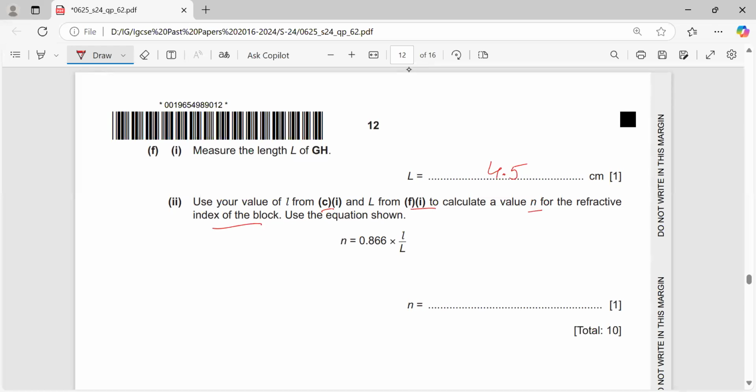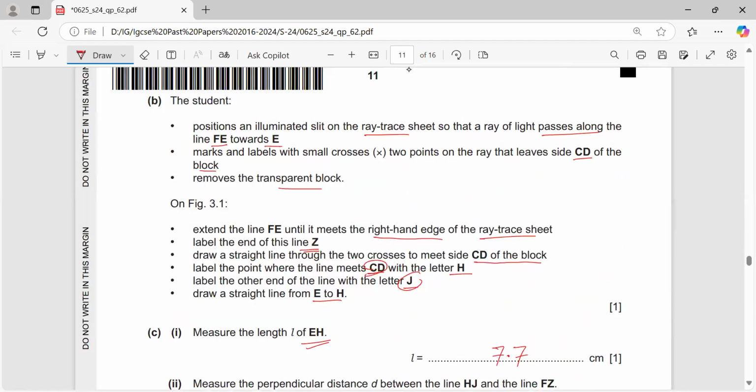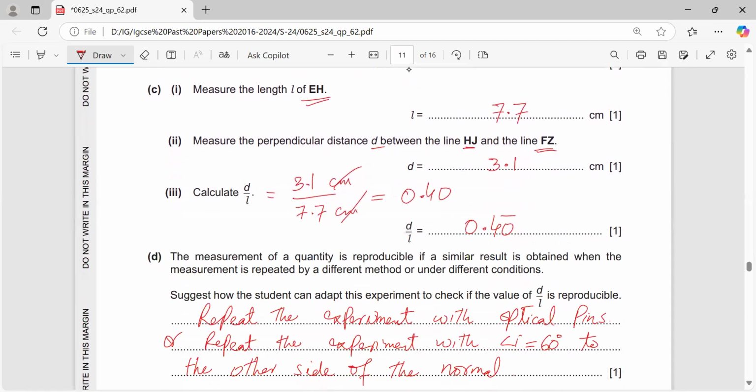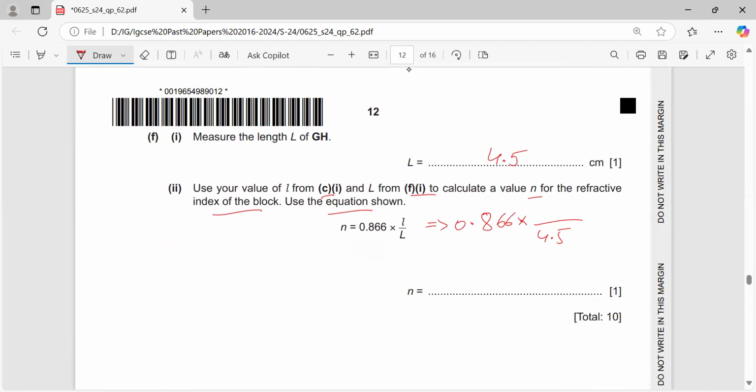Use your values of L from CI and L from this to calculate the value N for the refractive index of the block. Use the equation: 0.866 times L over 4.5. What is L from CI? 7.7.